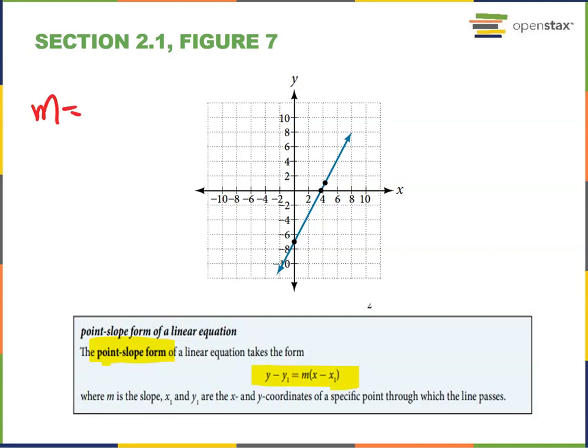So let's say from this point to this point, rise. So from this point to this point, we can go up. That's negative 7, 1, up to here. That is negative 7.